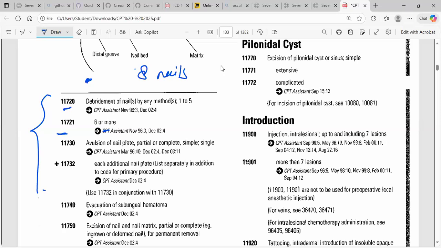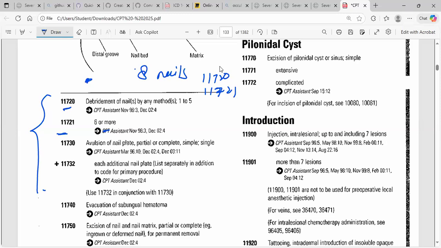How many units should it be? Two codes should be there, ma'am. 11720 and 11721. Okay, Vaishnavi, what do you think? How many codes do we have to use? Only one, ma'am. And what will be that code, Vaishnavi? 11721.